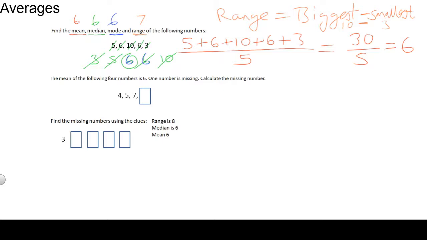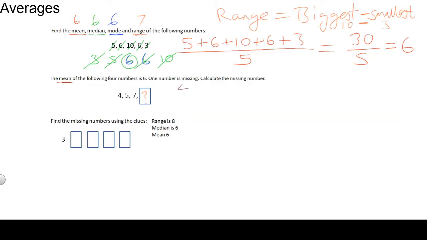Right, next question. The mean of the following 4 numbers is 6. One number is missing. Calculate the missing number. Now we'll start doing the working out for this. Right, it's talking about the mean. And you know, to find the mean, you have to add the numbers together.